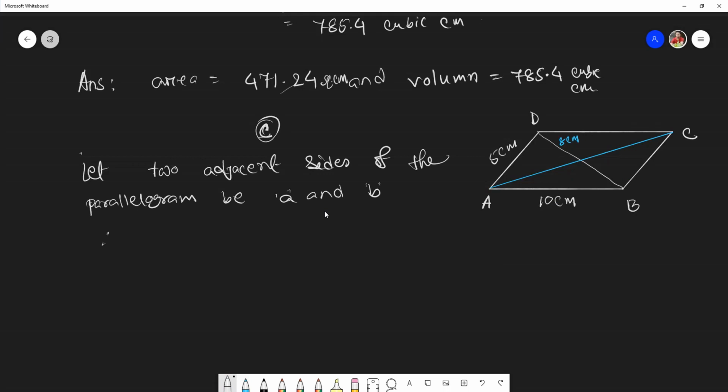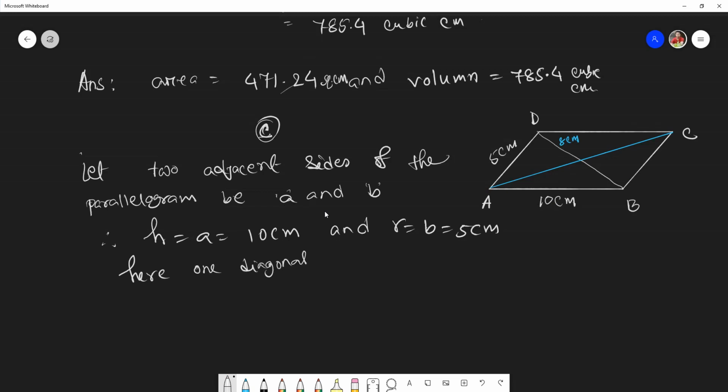So here h equals a equals 10 cm according to the question, and r equals b equals 5 cm. Here one diagonal D1 is equals to 8 centimeter. The other diagonal, D2, is equals to what?